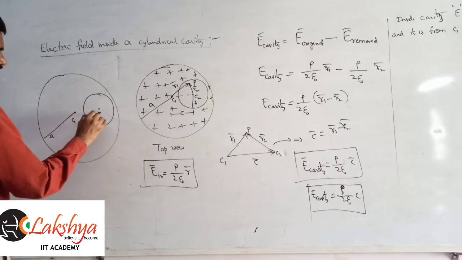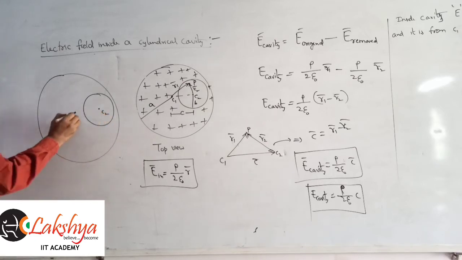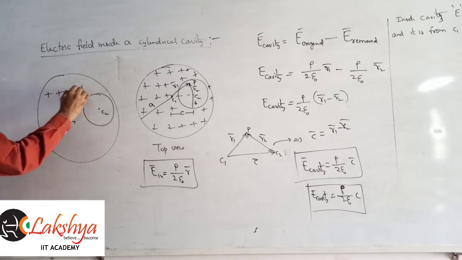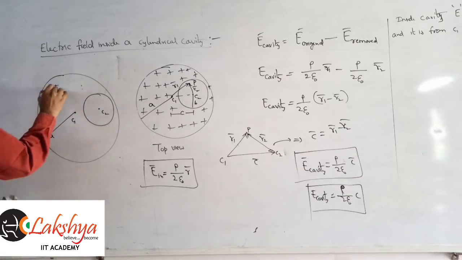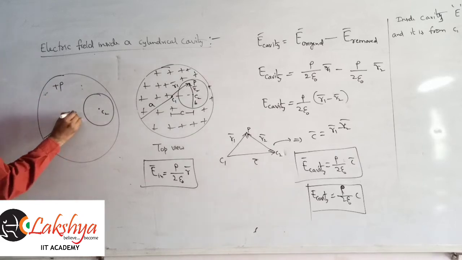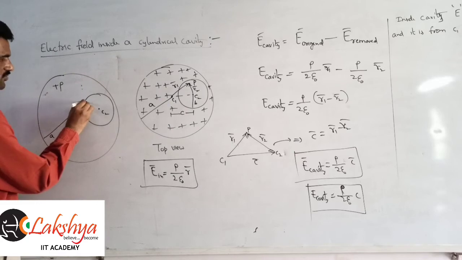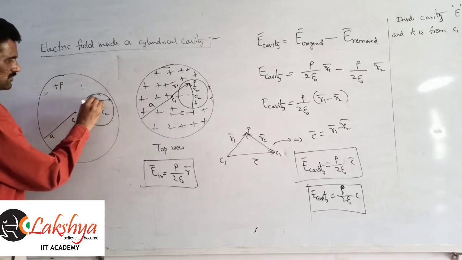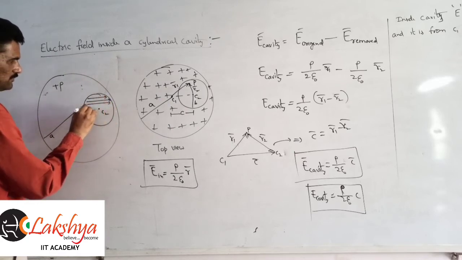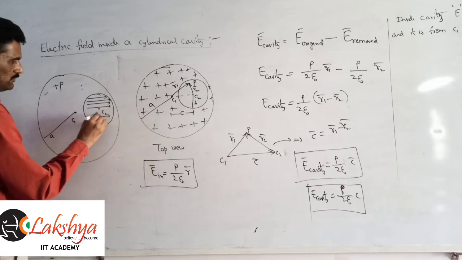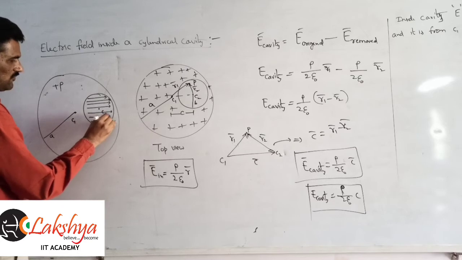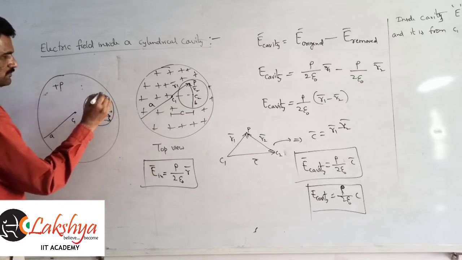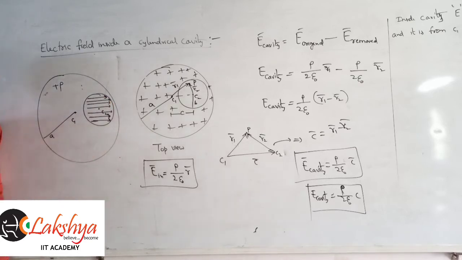Then this is having some positive charge density we are considering here. Total I am representing simply as plus rho, positive charge density. Now the electric field is, we are saying, from C1 to C2, right? And so this electric field lines will be like this. So the electric field is from C1 to C2. Uniform field will be there like this, equidistant and uniform. So uniform field can be represented like this.